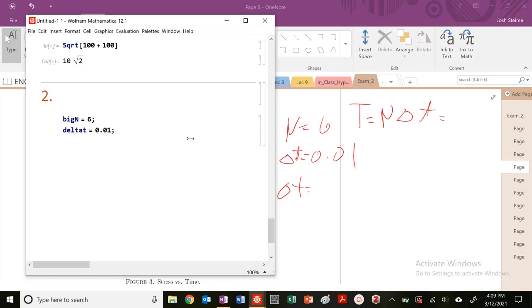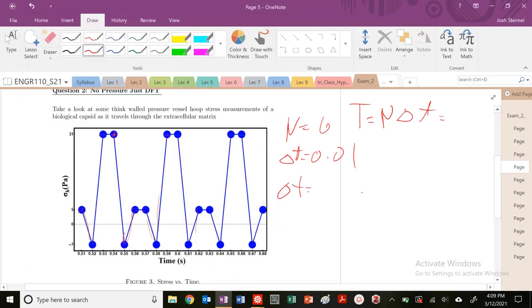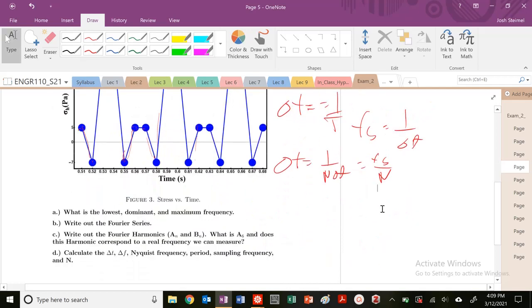My f sub s is equal to 1 divided by delta t. I know that my delta f is going to be 1 over my period, and that my delta f is also equal to 1 over N delta t. We could also rewrite that as f sub s over N. And we also know that my f Nyquist, given the number of harmonics, is going to be N divided by 2 times delta f.